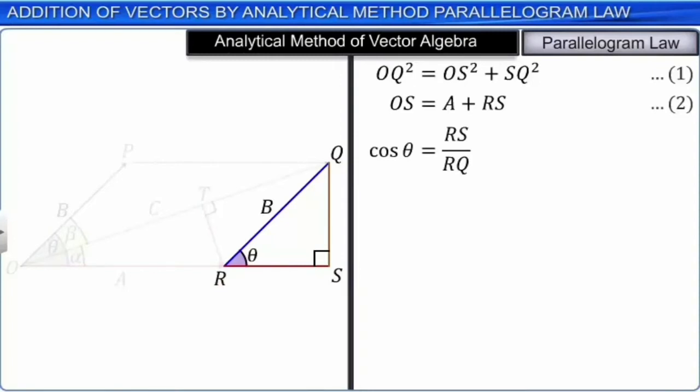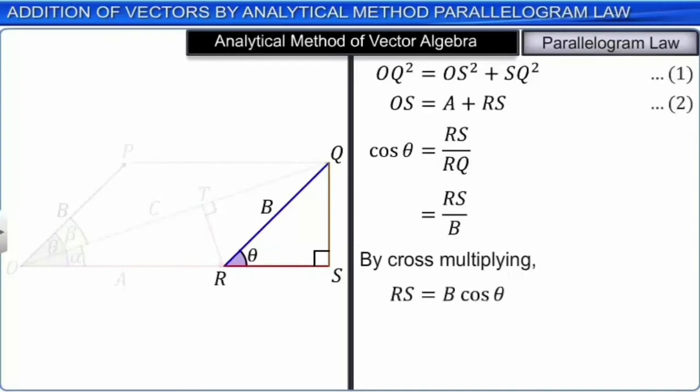So RS is equal to RQ cos theta. We know RQ is B. So by cross multiplying, we will have RS equal to B cos theta. Let's call this equation 3.